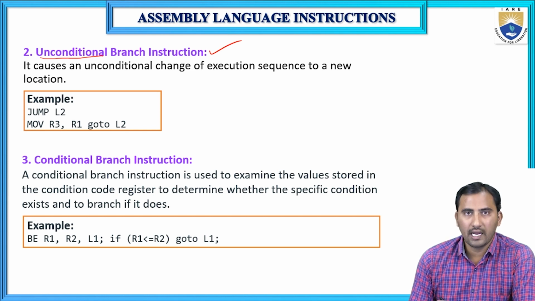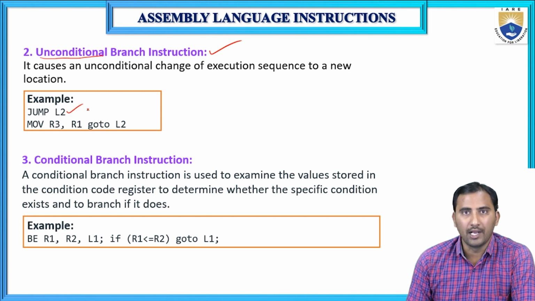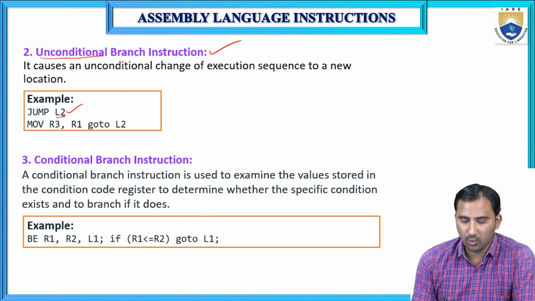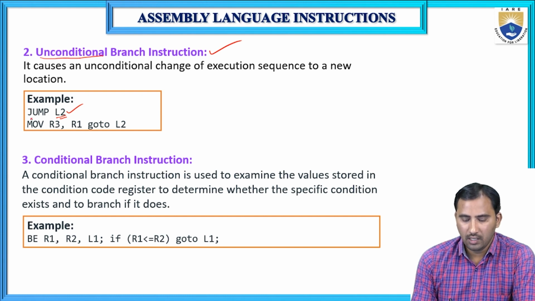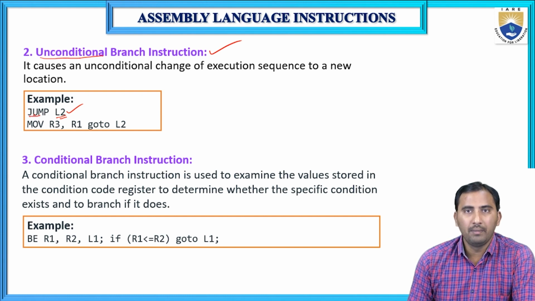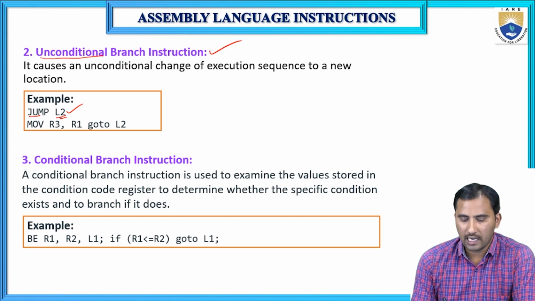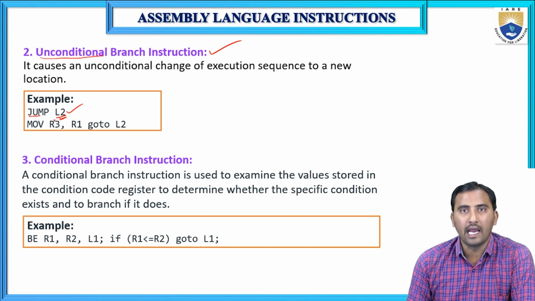If you consider an example, jump L2. What is this L2? L2 is the name of the address. That means the program control will be transferred to the address specified by L2.